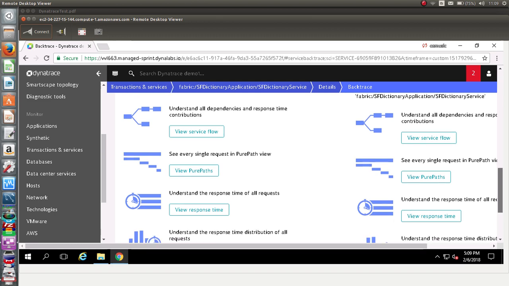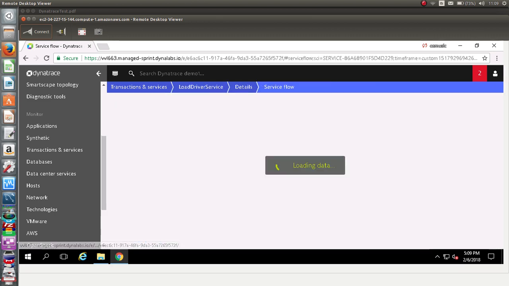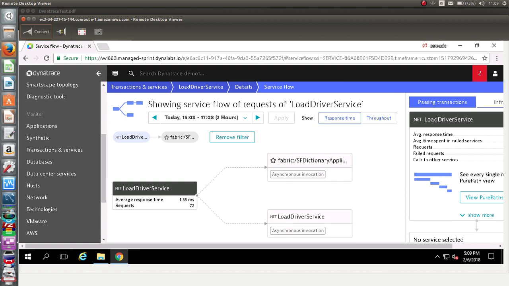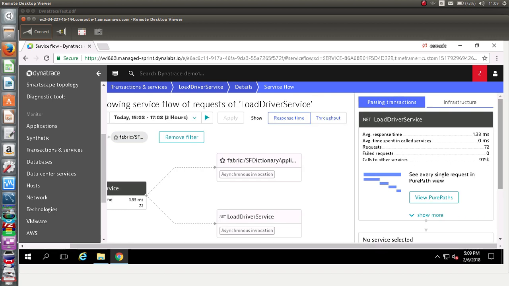Okay, we can see this service flow. So this load driver service is calling the SF dictionary, and it is calling again a load driver service. Okay, this is the pure path.